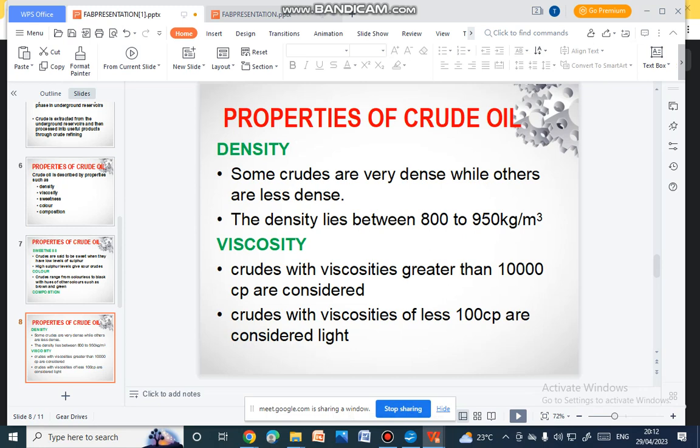Some crudes are very light, almost like water, and they have viscosities of less than 100 centipoise. As you can see, class, the range between 100 and 10,000 is very large, and you can have so many viscosities in between that give us different crudes based on viscosity.